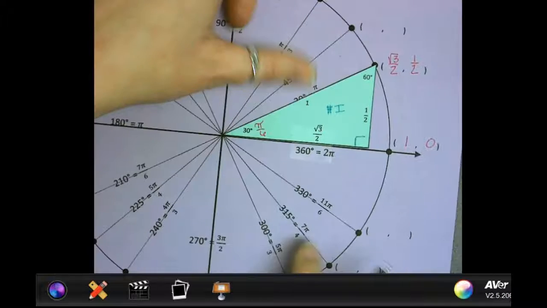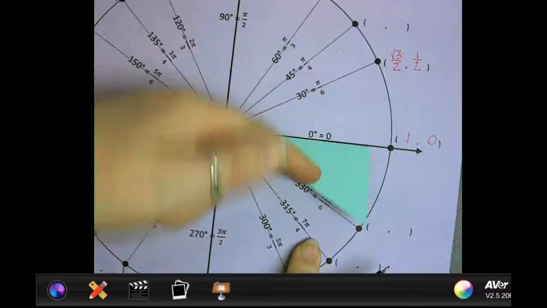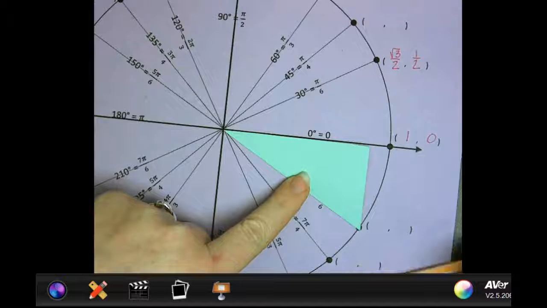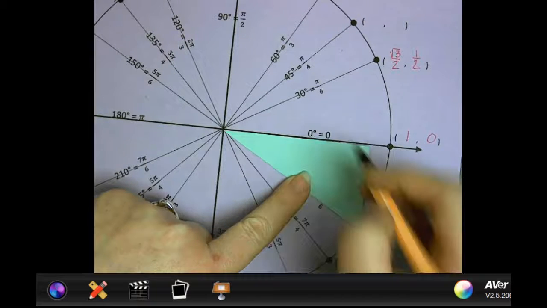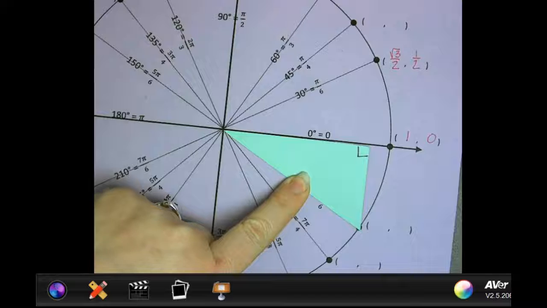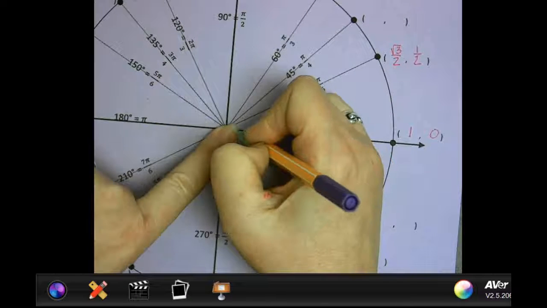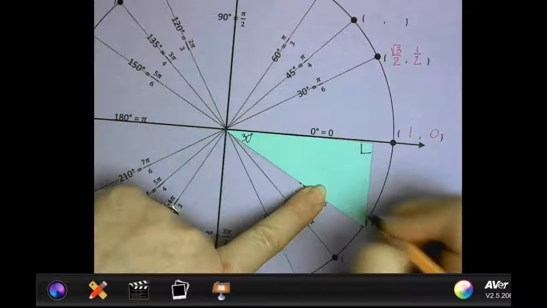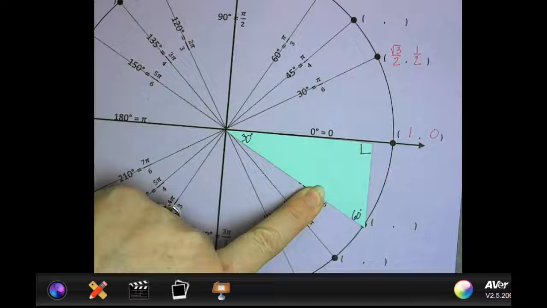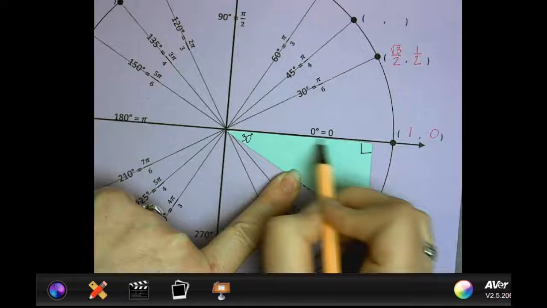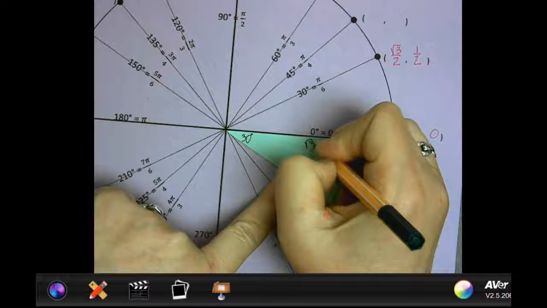So now we're going to take this triangle and reflect it down. Then we are going to label it. Put your right angle on there. This is 30 degrees over here. This is 60 degrees. And this length right here is the square root of 3 over 2.